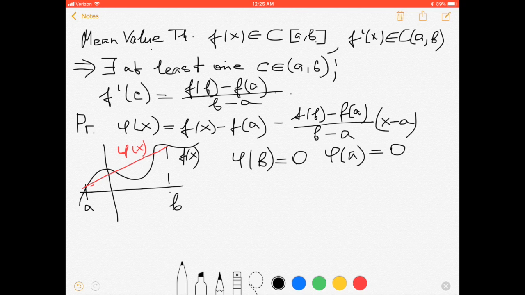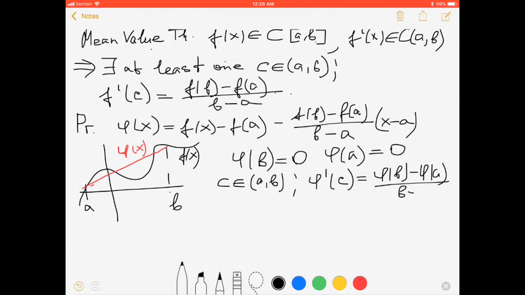Use the theorem we proved before for our function. We have a point c from our interval (a, b) such that the derivative of phi at c equals (phi(b) minus phi(a)) over (b minus a), but we know this is exactly 0.